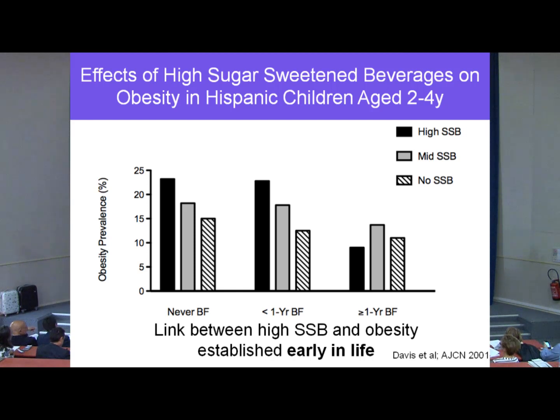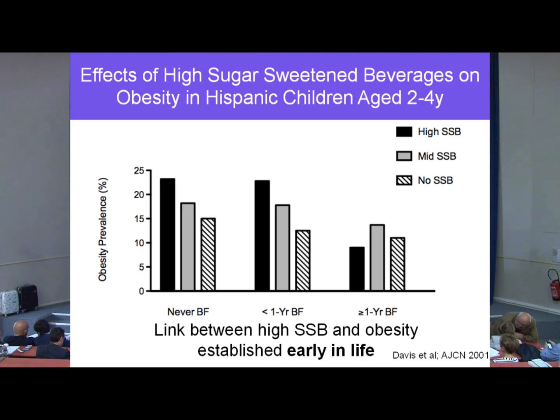So these are children aged 2 to 4 years of age who were separated based on their level of consumption of sugar-sweetened beverages at age 2 to 4 years of age: 0 sugary beverages, 1 serving per day, or greater than 1 serving per day. And you can see a very clear set of relationships here. We looked at this as a function also of breastfeeding.